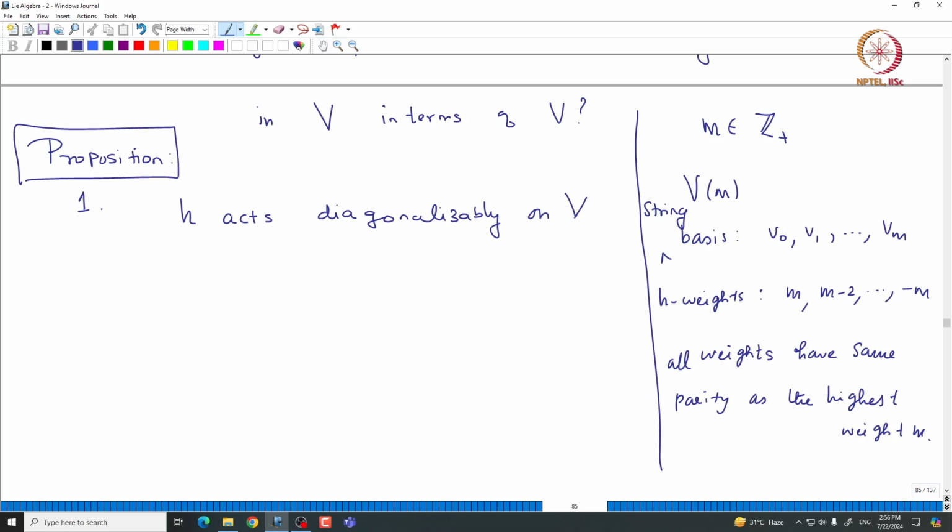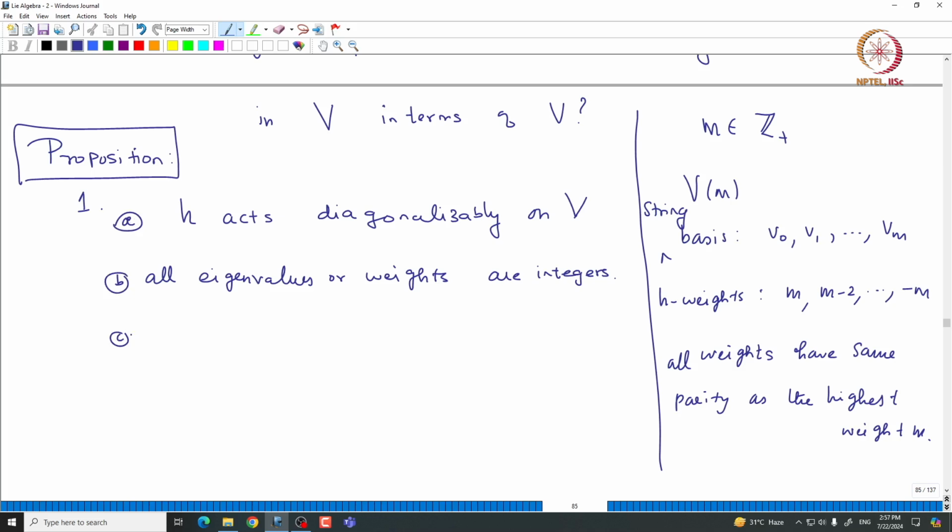Not only does it act diagonalizably, but all the eigenvalues, the h eigenvalues, which are called weights of this representation, are integers. That is an important observation. This is A and this is B.